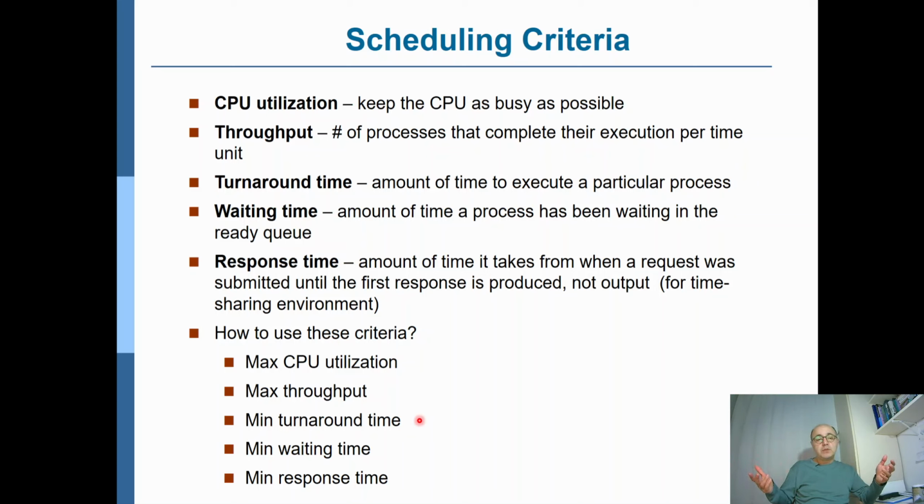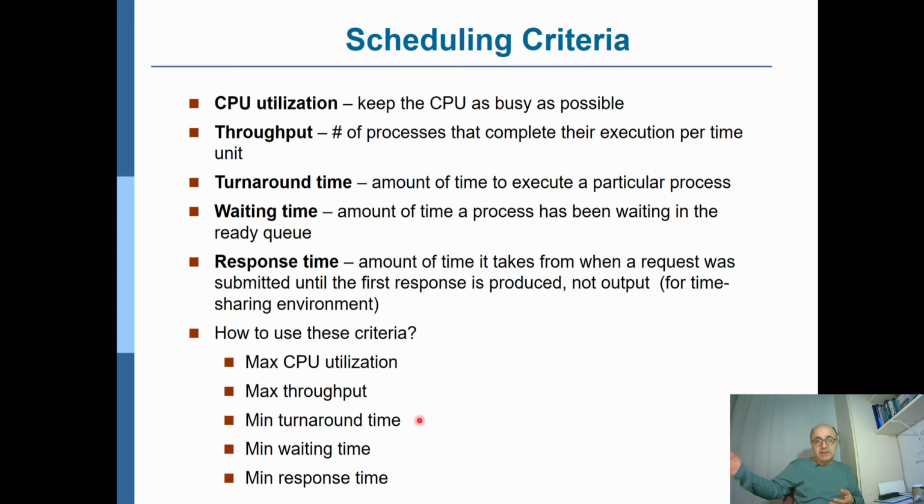However, the turnaround time would be diminished because actually it would be too large because always other processes are executing. Similarly, for that reason, you would be waiting in the ready queue a lot because some other process is in the CPU. So waiting time would also increase.